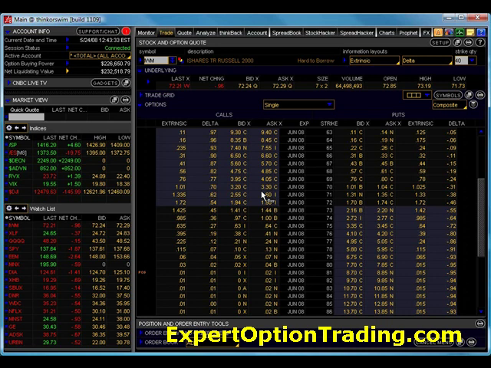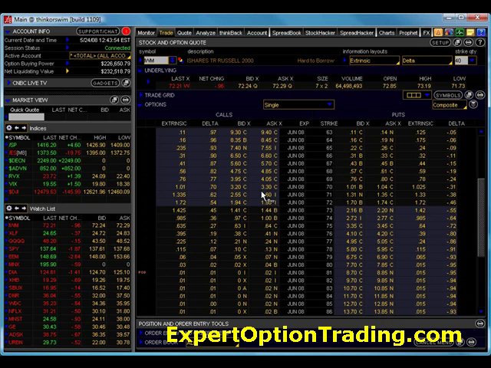Almost all the other spreads that we use, including iron condors, calendars, and double calendars, and even double diagonals and some other sophisticated trades, including back ratio spreads, are all just a variation on the vertical spread.